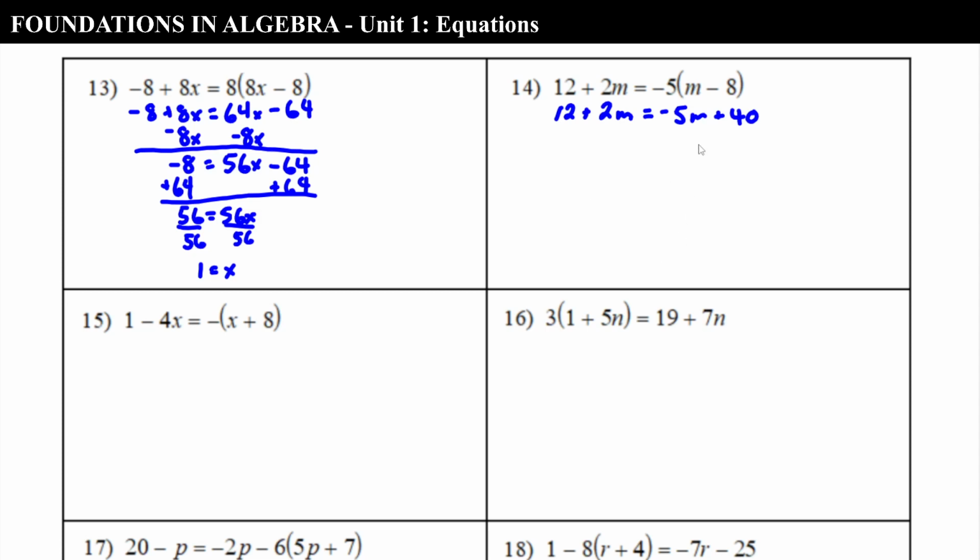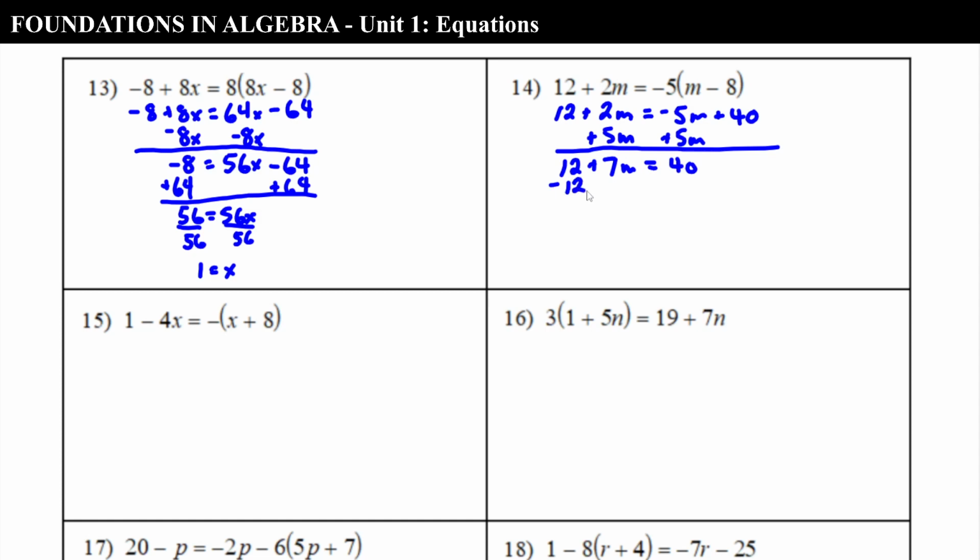And now we're going to add 5m to each side. So add 5m. So that's going to give us 12m plus, just 12. 12 plus 7m equals 40.